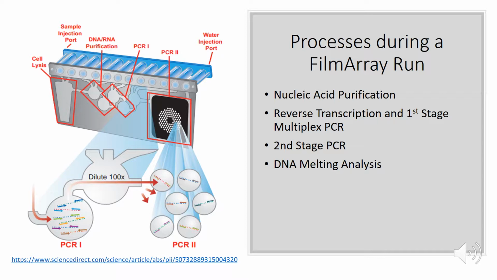In the second step, the purified nucleic acid undergoes reverse transcription and then goes through first stage PCR to enrich for target nucleic acids. In the third step, the products from first stage PCR transition to second stage PCR. Lastly, after second stage PCR, a melting curve analysis is performed by the FilmArray software.